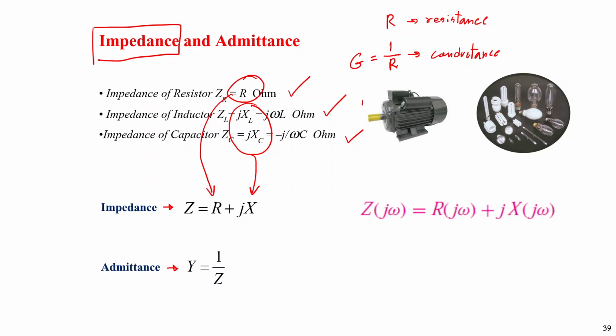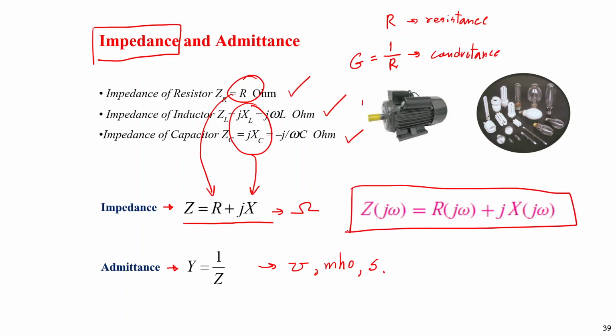Okay, conductance is the inverse of resistance, and impedance is in units of ohm. Okay, it's in units of ohm, but admittance is in units of inverse ohm or mho or Siemens. Okay, and it is in the function of omega.